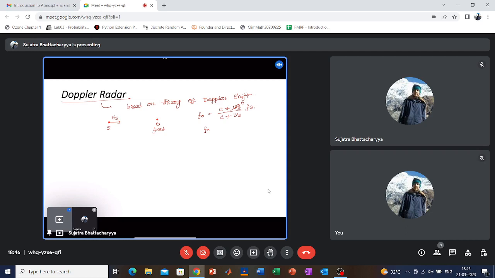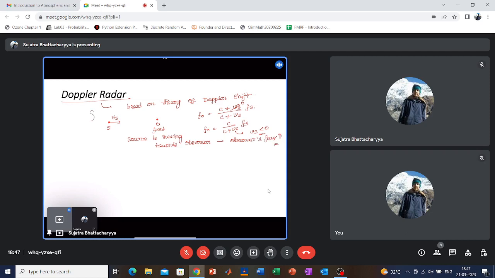Now fs is fixed, therefore it will be c upon c minus vs, because vs will be negative. That's why when the source is moving towards the observer, the observer frequency increases.